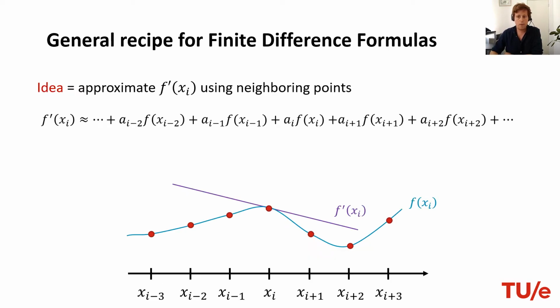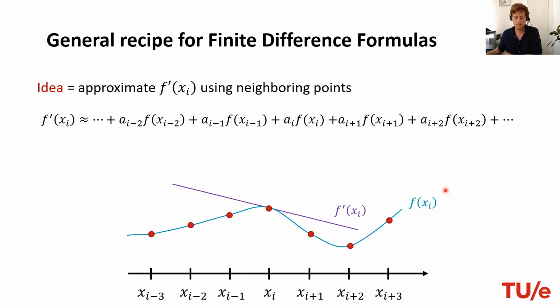So we want to come up with a general recipe for finite difference formulas. And the idea was already introduced earlier, but the main point is that we want to approximate the derivative of f at a given specified point in its domain, x sub i, by using a weighted sum of function values of neighboring points.